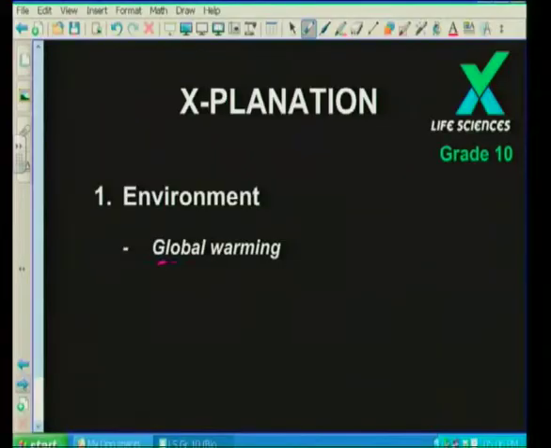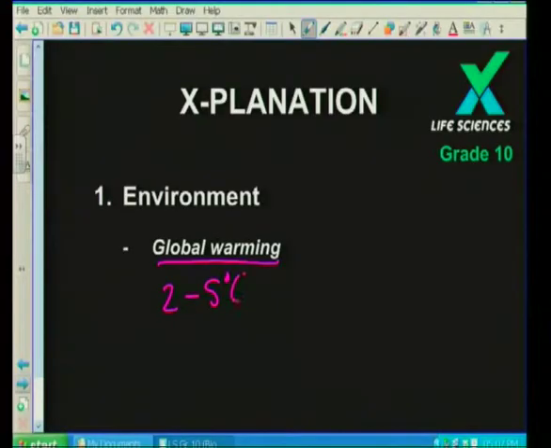Let's look at global warming. Like I said, global warming is linked to the greenhouse effect and to ozone depletion. Scientists say that in a few years' time, around 2030, the temperature on Earth is going to rise by about 2 to 5 degrees Celsius.